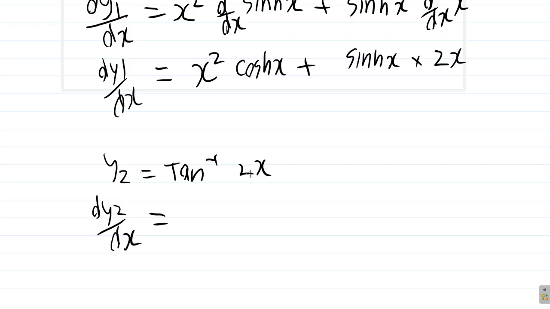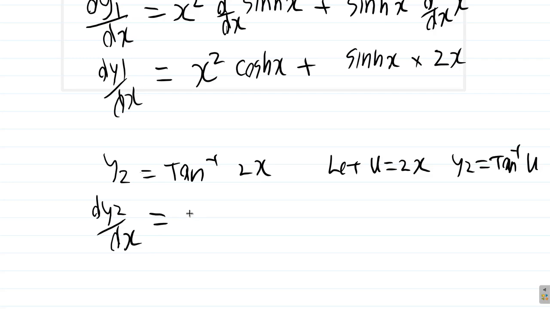So let's use a substitution then. Let u be equal to 2x. Alright, so in that case, we would have y2 is equal to tan inverse of u. You see that? Now, dy2 by dx.